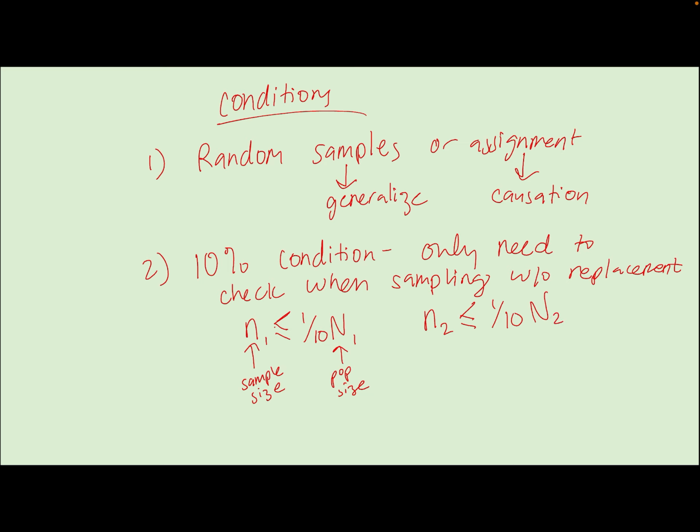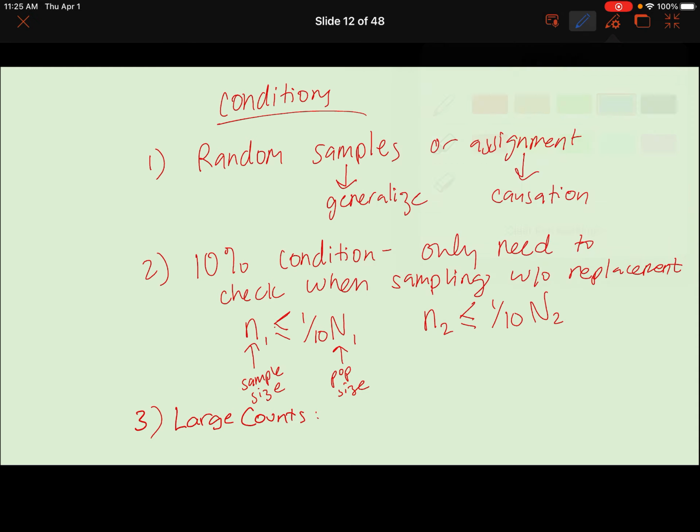And then the last thing we have to check for is large counts. And here it's a little bit different. When you're looking at 2 different proportions, we have to first figure out what's the combined p hat. So I'm going to switch colors here just because it's getting a little crowded.